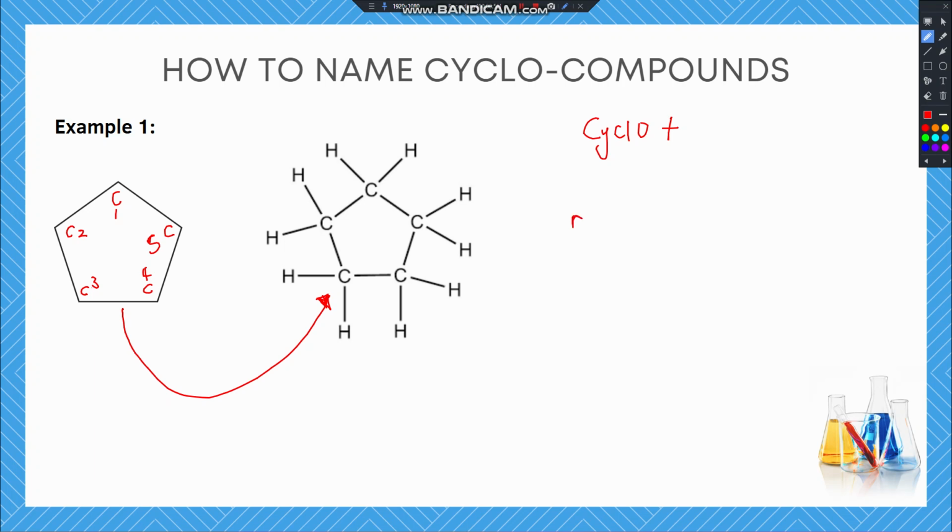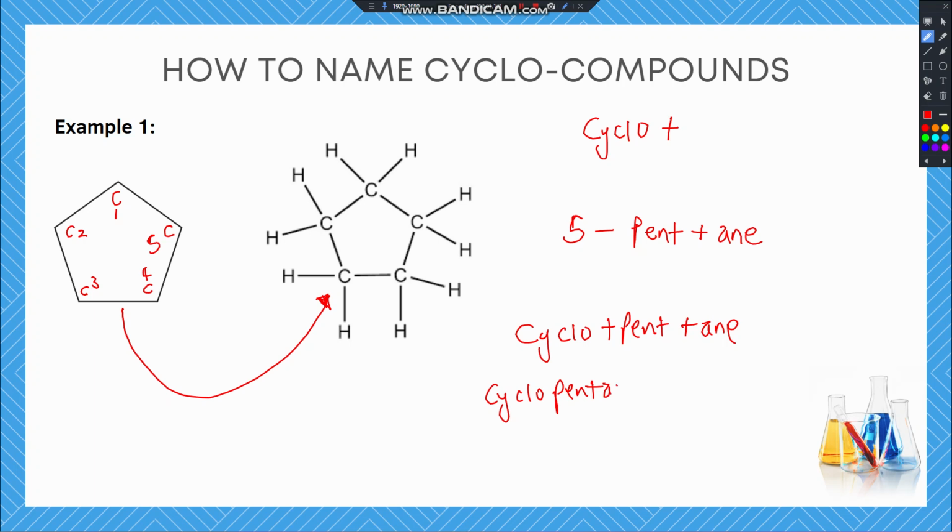So 5 carbon atoms tells us that we use the parent name pent, and since it is an alkane, we add the suffix ane. So altogether we have cyclo plus pent plus ane, which gives us the full name cyclopentane. So that's the name of this compound as we have illustrated on the screen right now.